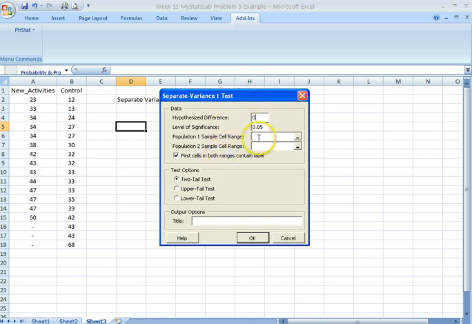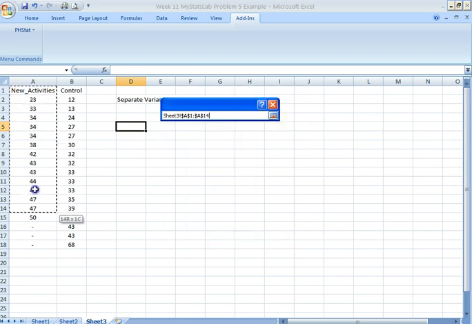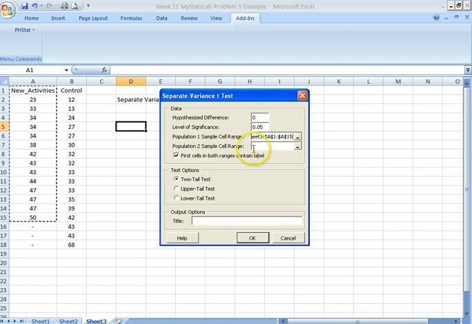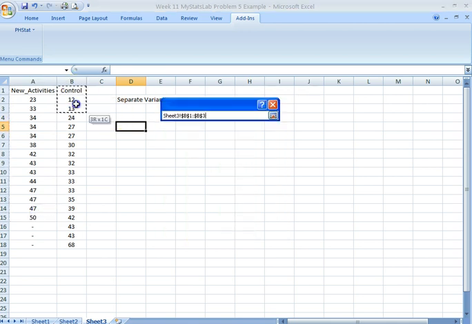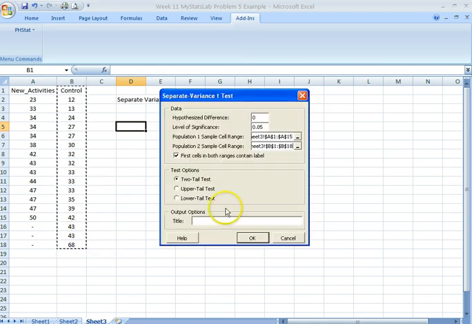Our level of significance is already there, and it asks us for the sample 1 cell range. We're going to use the first cell also, the label, because we had that check. So let's highlight the full row of data there. We'll do the same thing for the second sample, including the label. Highlight it there. And all we have to do is check the upper tail test, which we've already said that's what it was, and click OK.